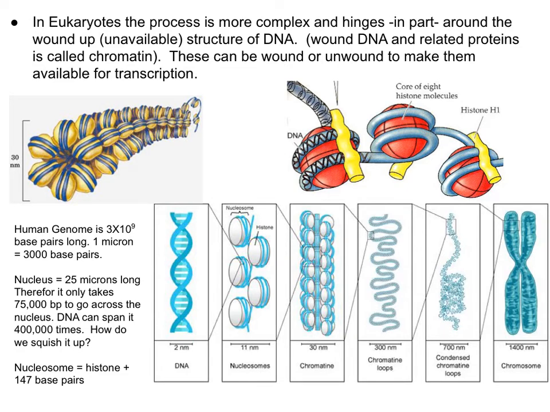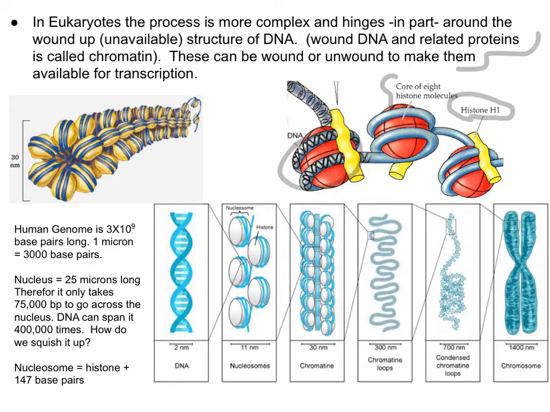I went over this in the DNA lecture, but in case you didn't have an opportunity to look at that, we're going to start here with this idea that DNA is wound around histones. So this is a histone. It's a complex of really 9 different molecules, but they're all put together, and what they can do is they can hold about 147 base pairs.